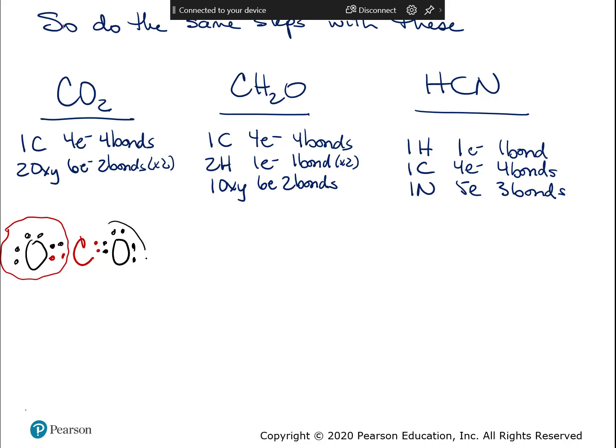So now when you look at it, you can see that you have your total of 8, and then that carbon shares all of its total of 8. So when I go to draw this, I'm going to have 2 dashes between oxygen and carbon on both sides. The non-bonding pairs, 2 pairs of non-bonding electrons belong to the oxygens.